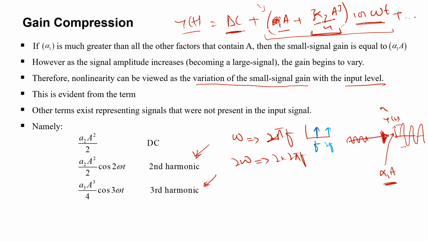So for example, if my first f is 1 megahertz, then my 2 times omega would be 2 megahertz, multiplied by 2 pi, of course.